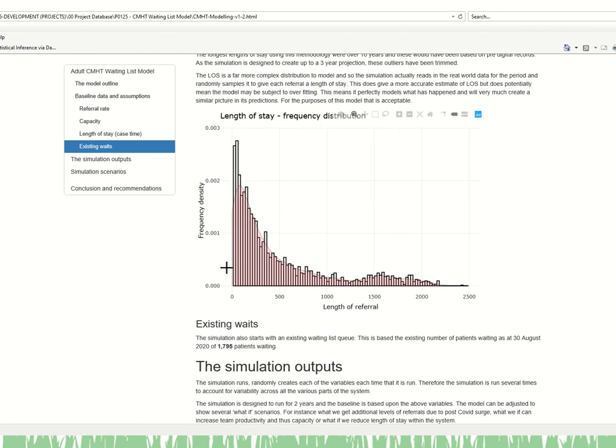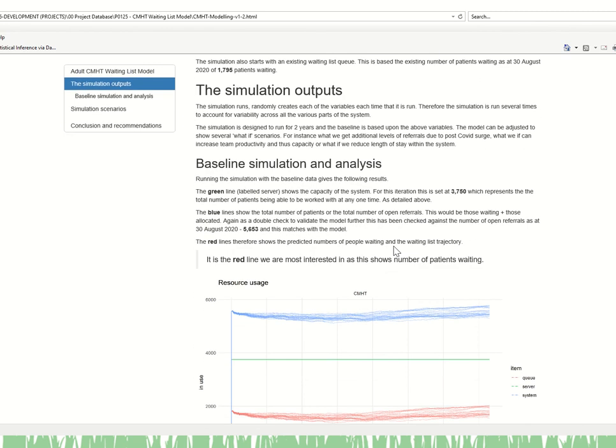I tried to model that length of stay and look at what it looks like. It was a really skewed and long-tailed distribution. So understanding those distributions, how to statistically describe them, and adding that into your model is definitely what we looked at.